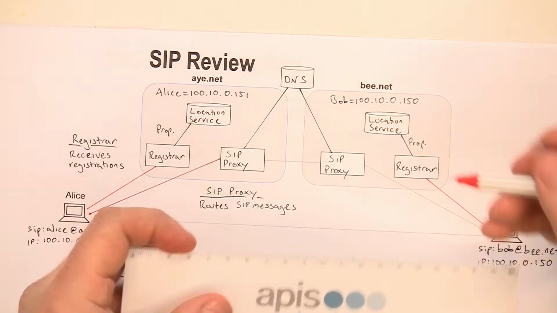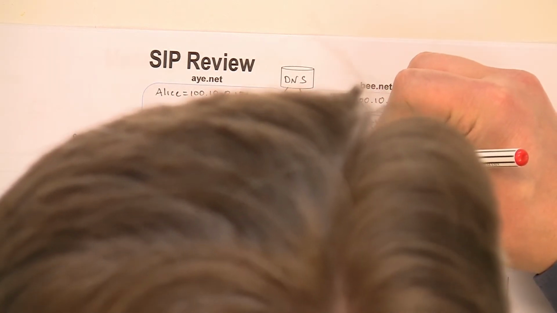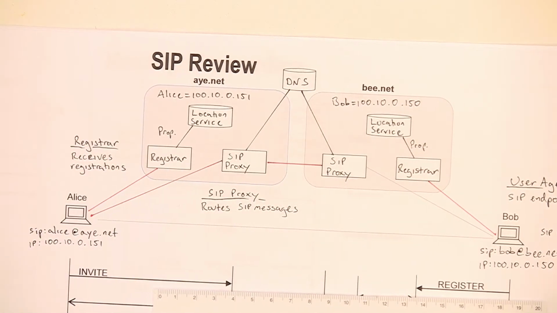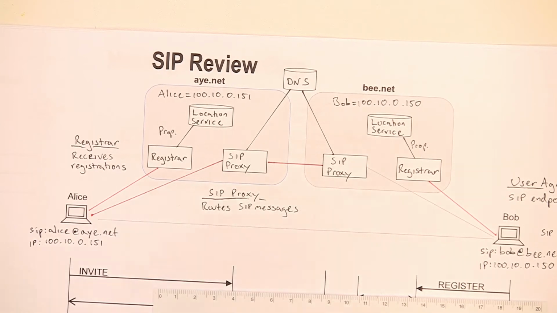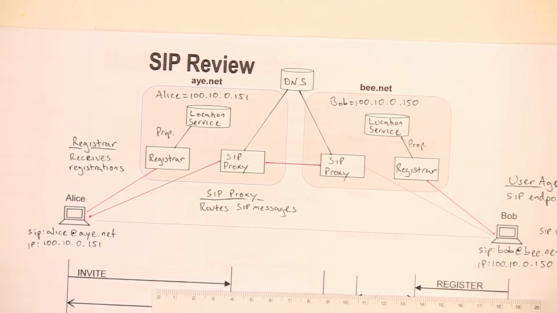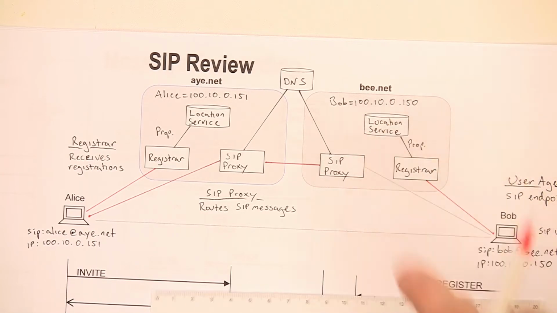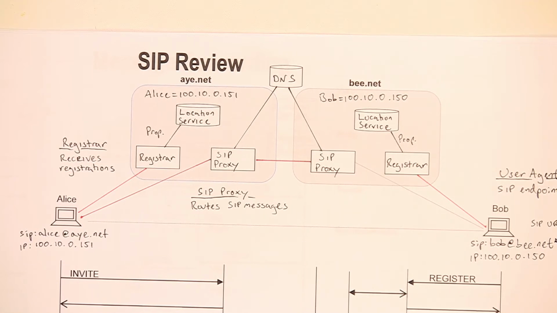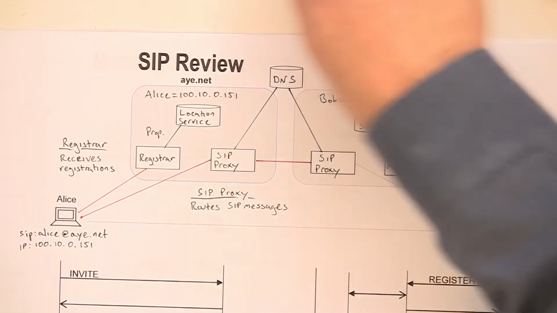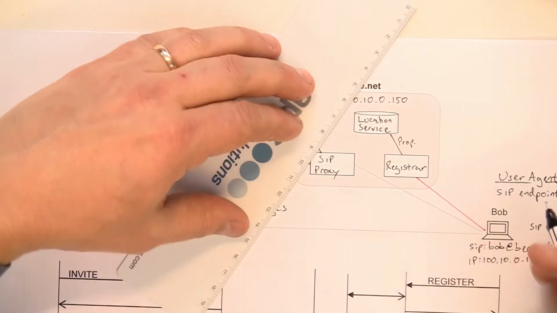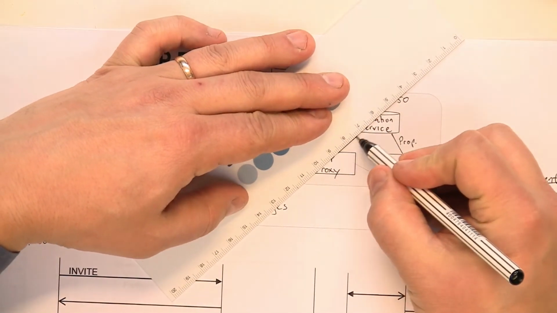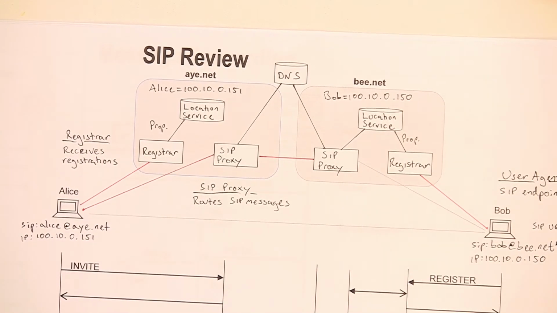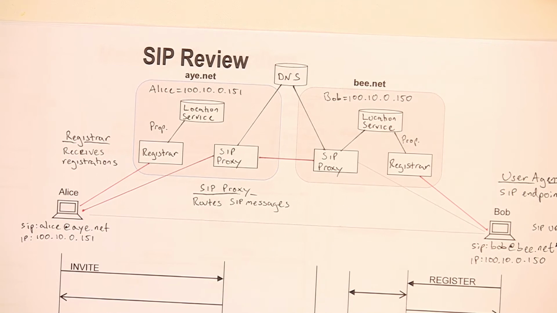So now we can put in the red line here, and using the information in the location service, the SIP proxy in B.net will be able to talk to the location service in B.net in order to find the address that Bob has registered previously.